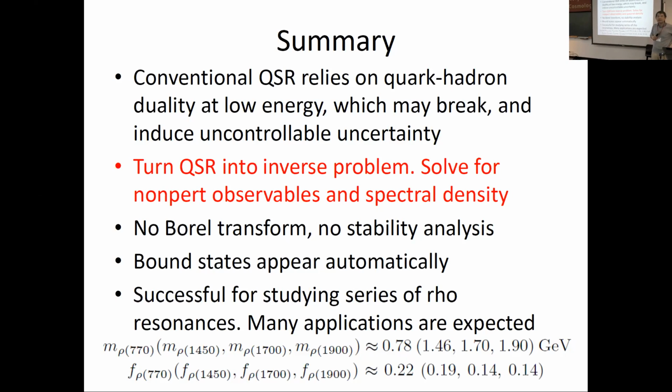Can we use the known spectrum as another input to feed back into the system, or the spectral density? Yes, exactly. For example, the kappa is one of the examples, because we don't know kappa.